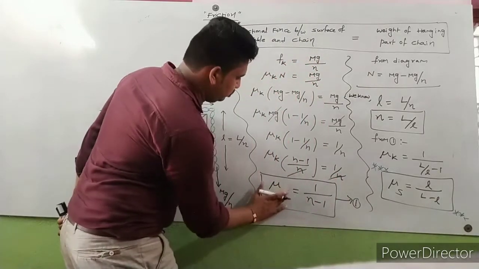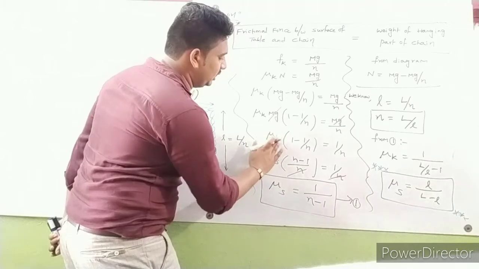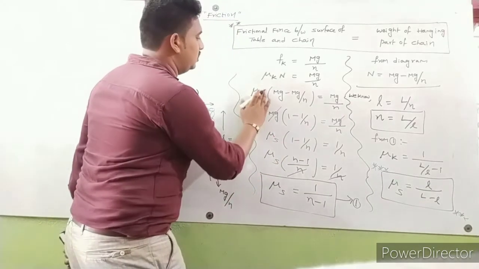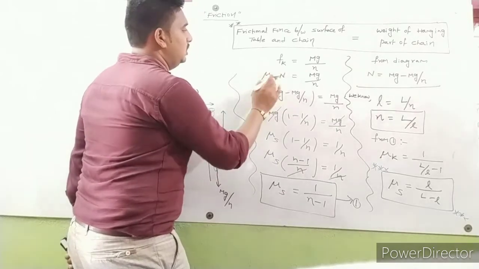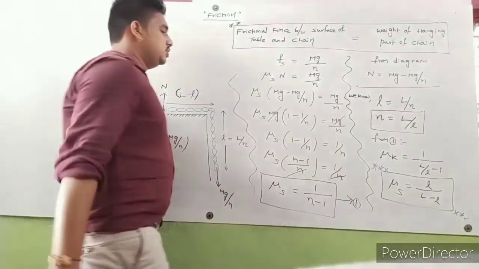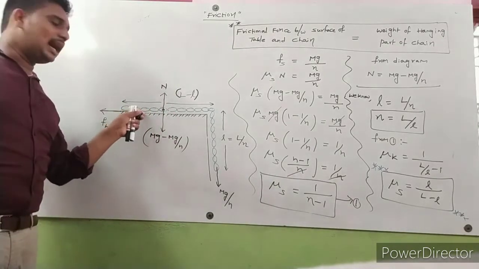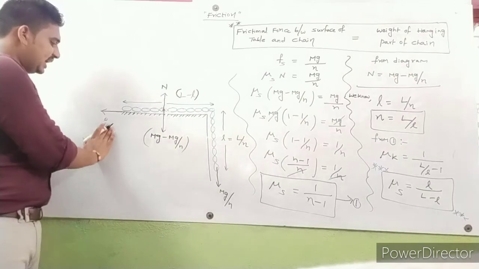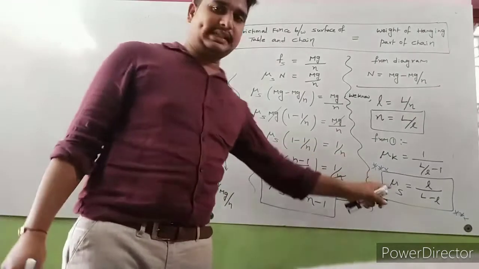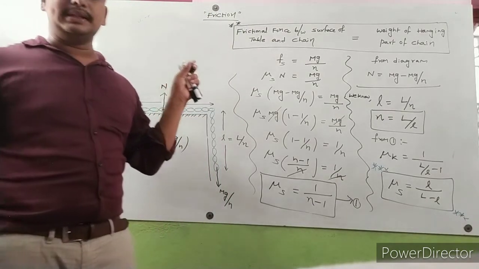In all cases consider mu s because it is not in motion. So the coefficient of static friction between the chain and the surface of the table, mu s, is equal to small l by capital L minus small l.